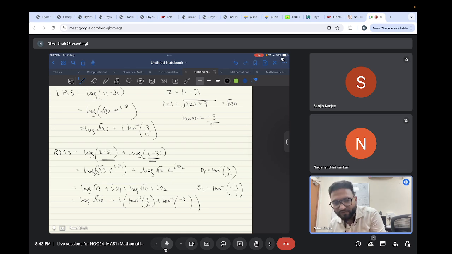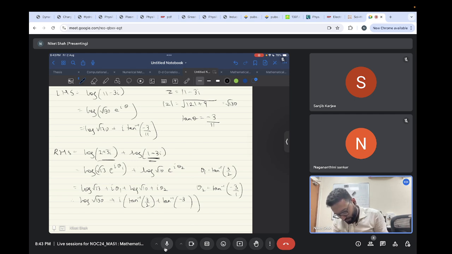We have a formula for tan of A plus B. Does anyone remember the expression? What is tan of A plus B? Tan A plus tan B divided by 1 minus tan A tan B.